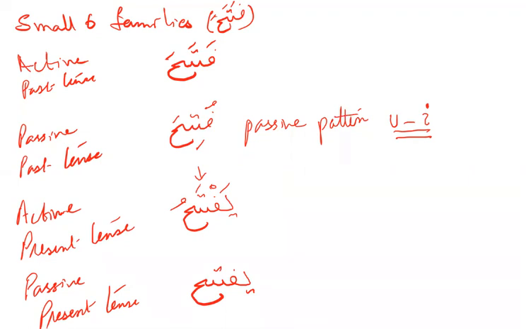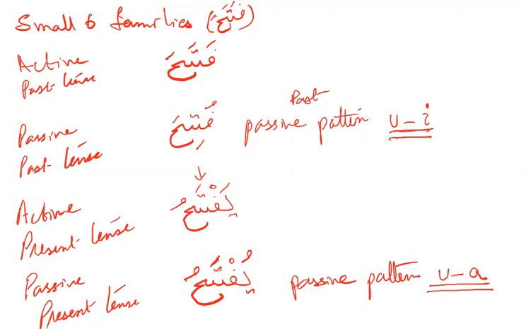What is the passive pattern for present tenses? Yuftahu. Yes. Passive pattern is u and a. So first the u sound and then the a sound. Yuftahu. So the combination you need for the passive pattern in past tense is the u-e sound, and in the present tense it will be the u-a sound.